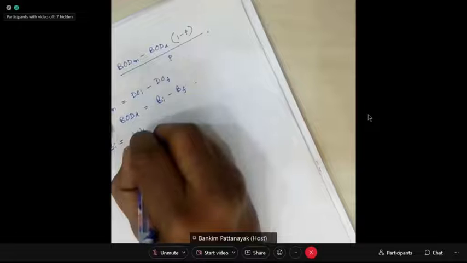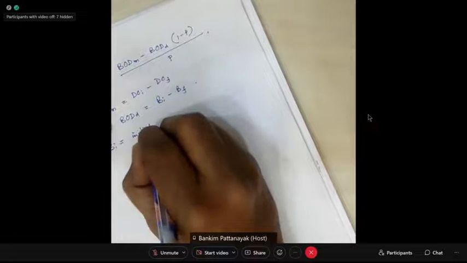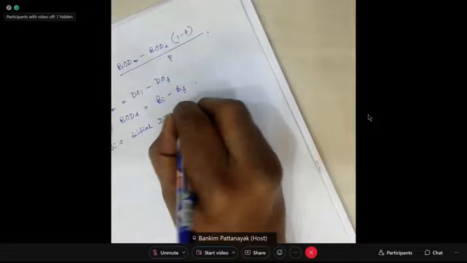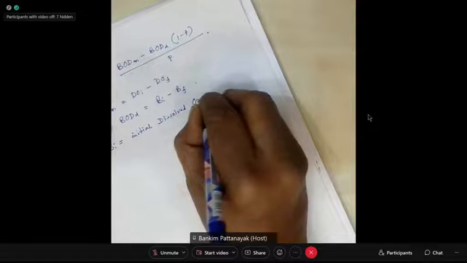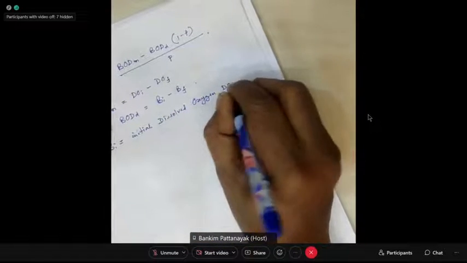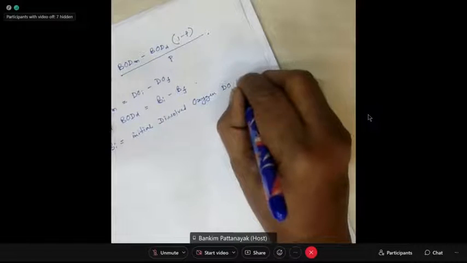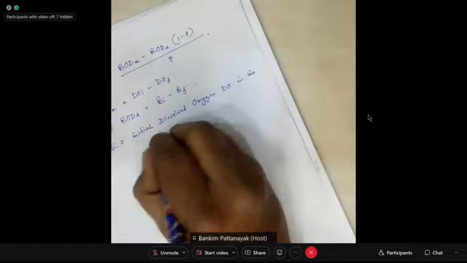It is the initial dissolved oxygen, DO, in the seeded solution.